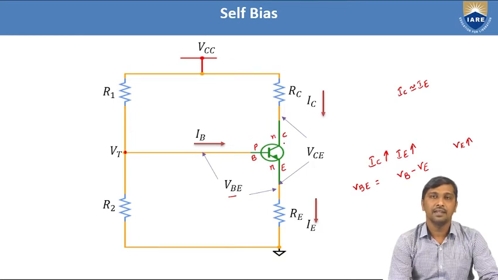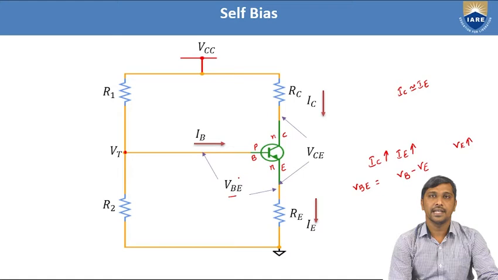If we maintain a constant collector current, the operating point also becomes stable. That can be done through a biasing method, and here it is called the self bias.